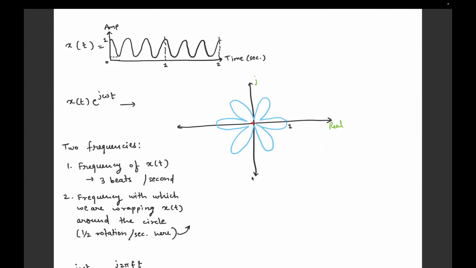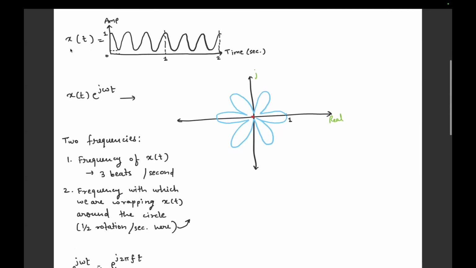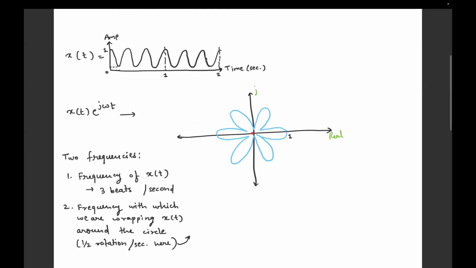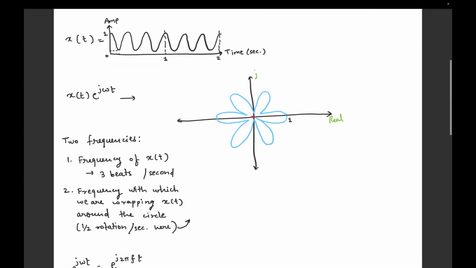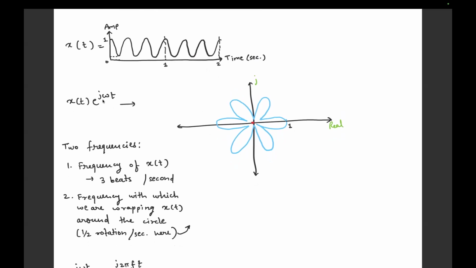Now there are two frequencies here. The first is the frequency of this signal xt, which is 3 beats per second or 3 hertz. The second frequency is the frequency of this omega term, e to the power j omega t.